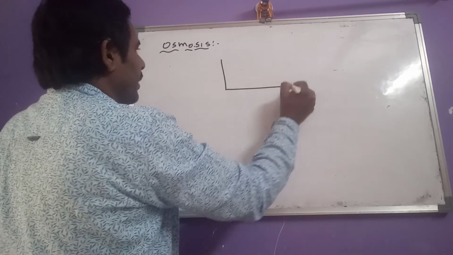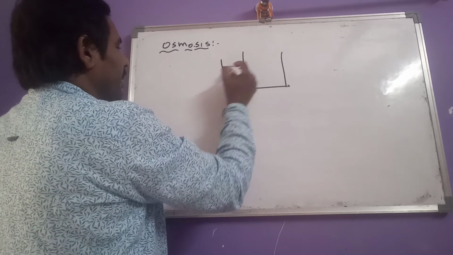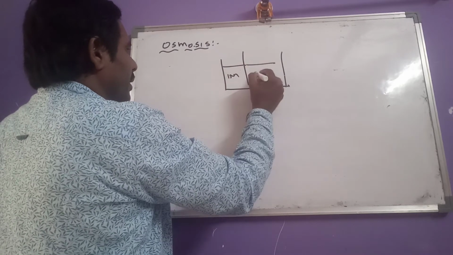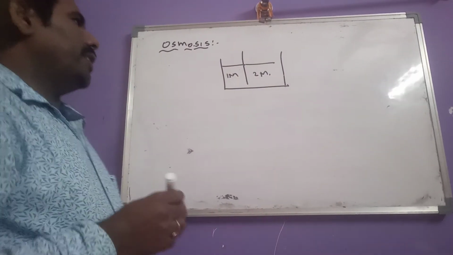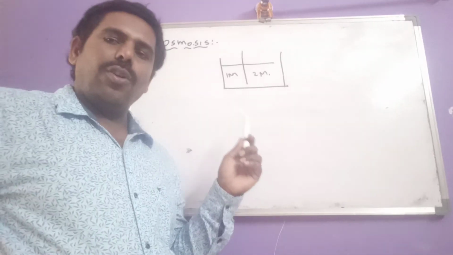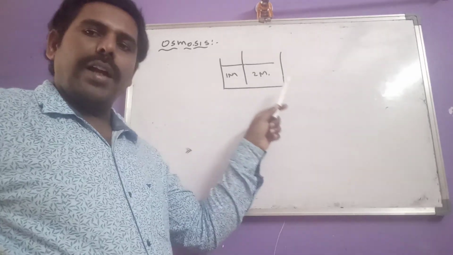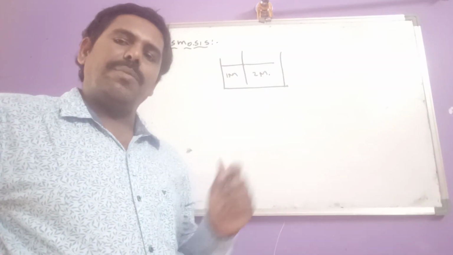After that, if you consider two solutions here, this is a 1m solution, of course this is a 2m solution. Now osmosis means the flow of solvent from low concentration to high concentration. That is also known as osmosis.